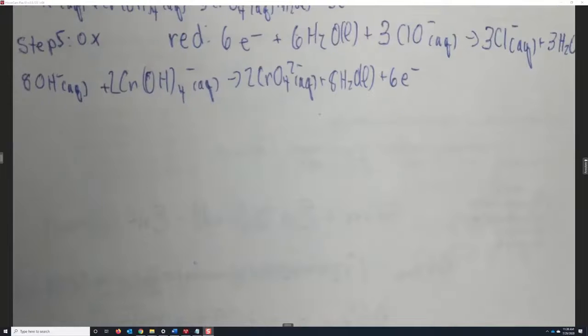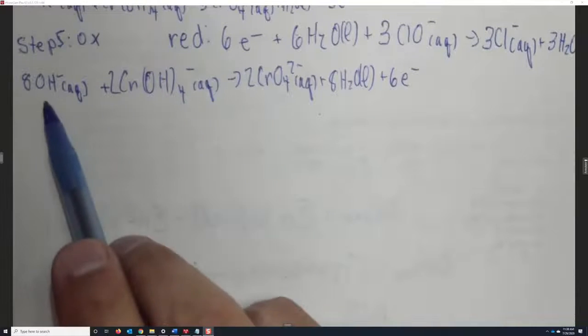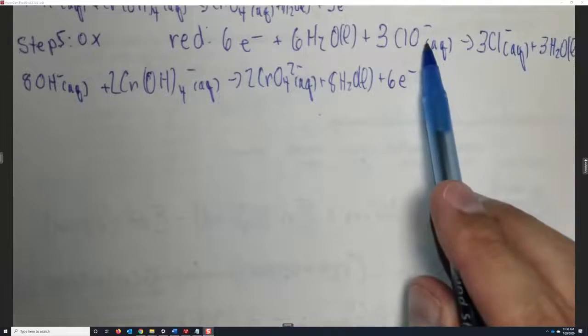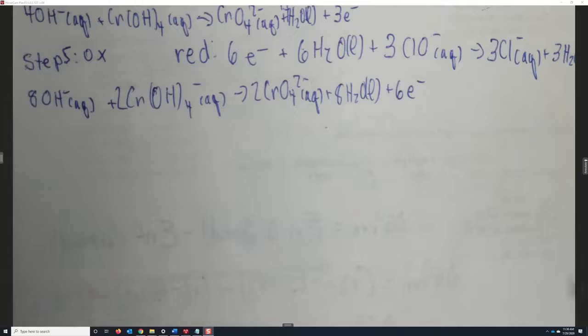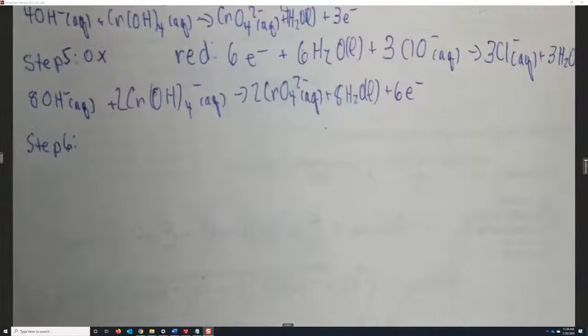All right, so now step 6, I need to combine these things. So I need to write all the reactants on one reactant side, all the products on one product side. And it looks like it's going to be impossible for me to fit this all on the screen. So for step 6, I recombine first, and then I'll simplify.